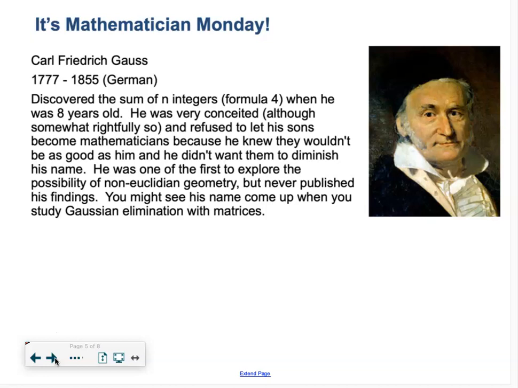Finally she says, look, go sit down and add all the numbers from 1 to 100 together. This is in the 1700s, so there are no calculators. He's probably got a slate he's writing on. He has the correct answer and comes back to her in less than a minute.